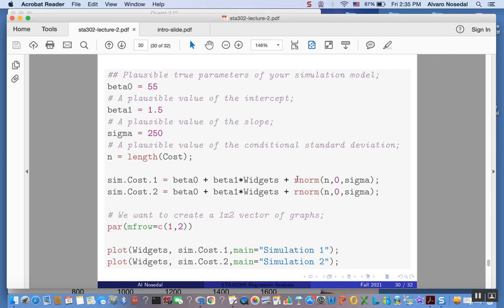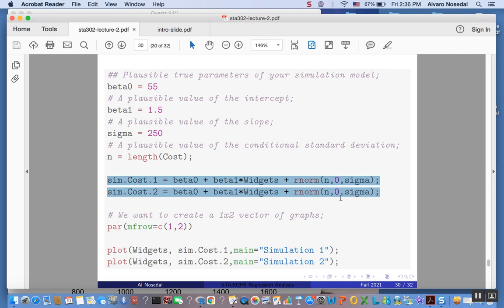Can you see that what we're doing here is basically using the classical simple linear regression model, assuming that these values, 55 and 1.5, are the values for the parameters y-intercept and slope, and with this 250 representing the other unknown quantity, sigma, the standard deviation for the error term, for those random fluctuations. And then the next line is something similar, right?